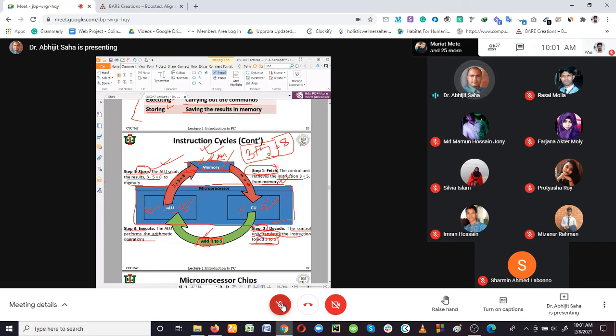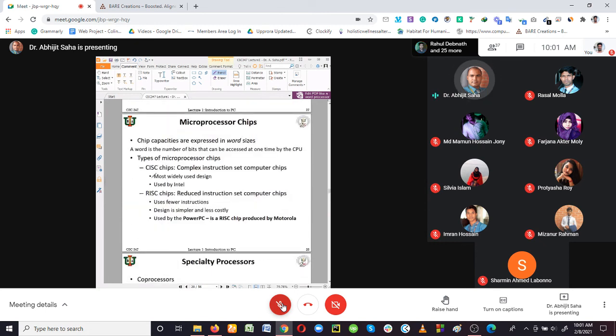That is sent to the ALU, and then the ALU will understand that, okay, I have to do the addition operation for 3 and 5. It executes that operation, and the result 8 is sent to the memory and stored there.